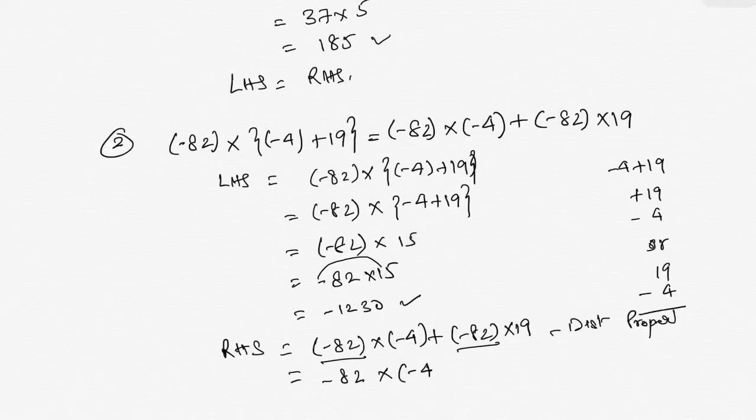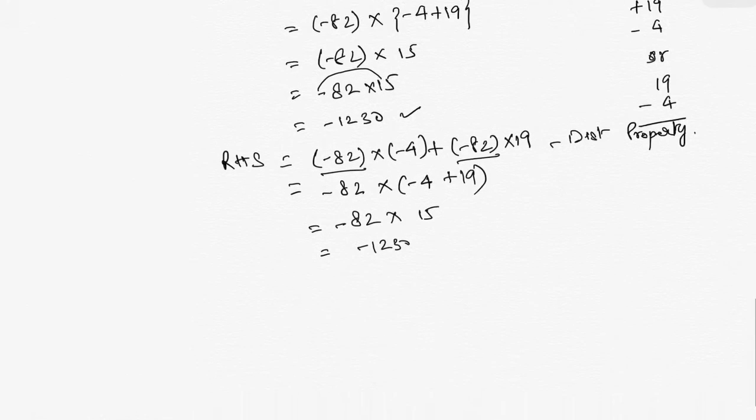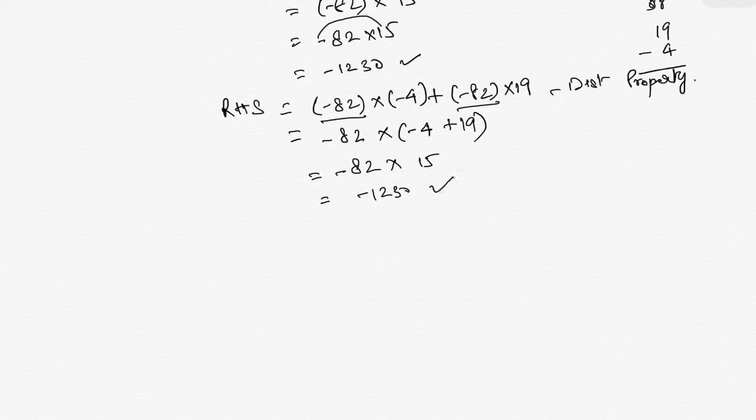Okay, and what is left is minus 4 and plus 19. So it is minus 82 into 15. So this is minus 1230. Okay, this is the RHS. So LHS is also minus 1230, RHS is also minus 1230. So LHS is equal to RHS.